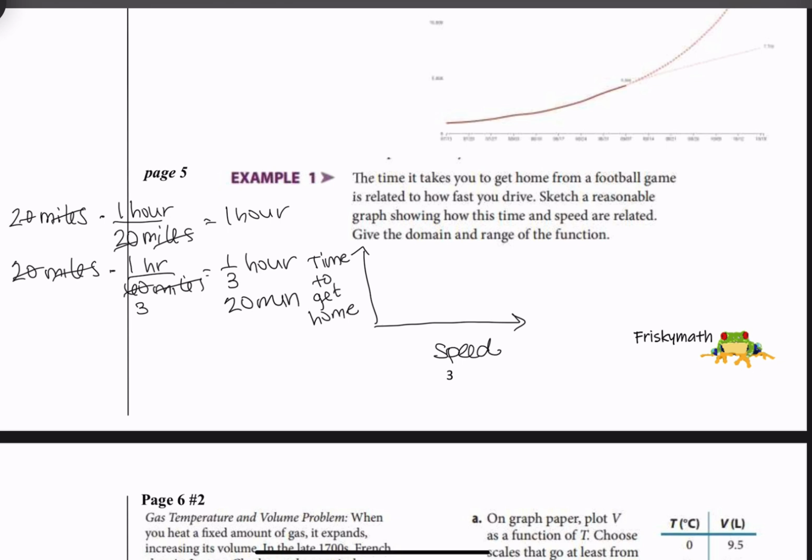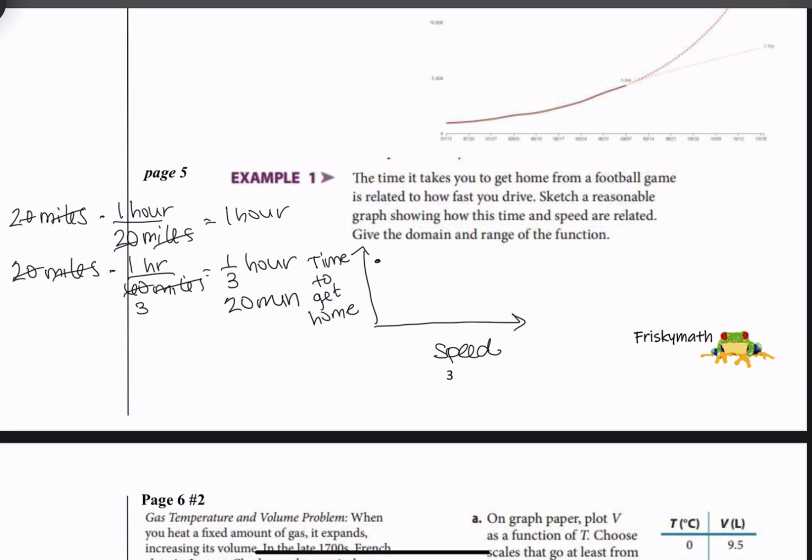So again, the slower I go, so the closer I am on my horizontal axis to the origin, right, the longer that time's going to take. Now, I'm not going to not get in my car and drive, so being actually on the y-axis wouldn't make any sense, right? So there shouldn't be a point on the y-axis. Otherwise, I'm just sitting in my car at the school forever. Okay, so I'm never going home.